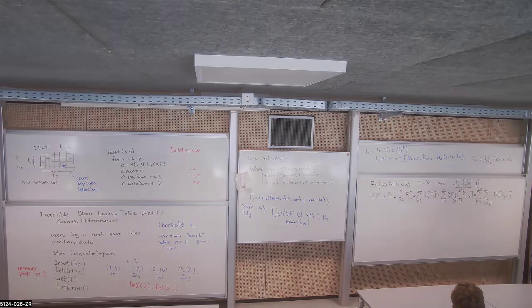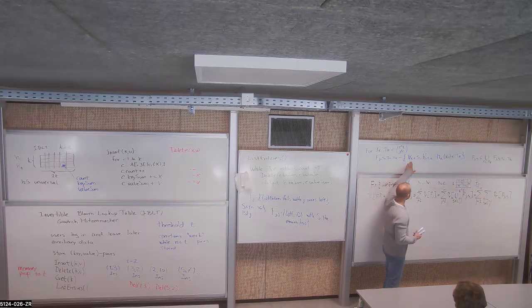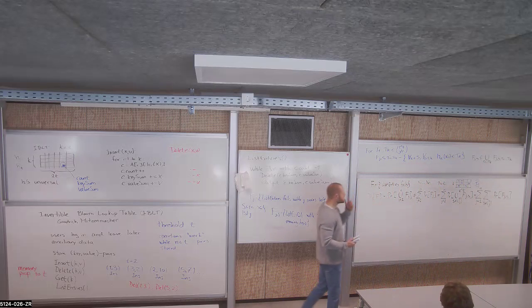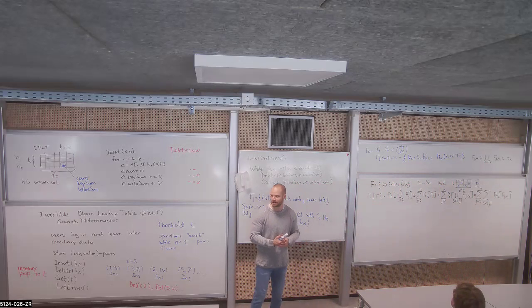Let's stare at this a little while. My claim is, if the peeling fails and S is the set of keys that are left, the remaining keys, then it must be the case that there is at least one set of sets T1 to TK, where my hash values end up in these sets, and these sets have size j half.